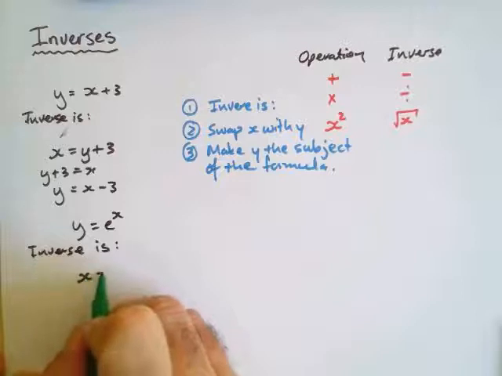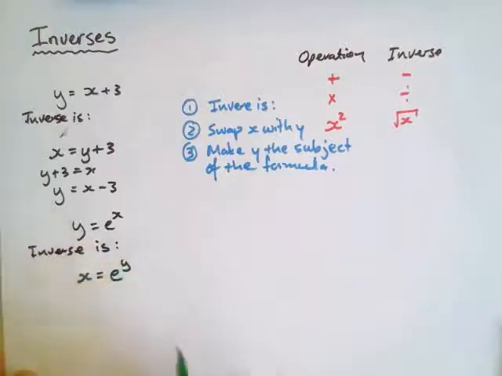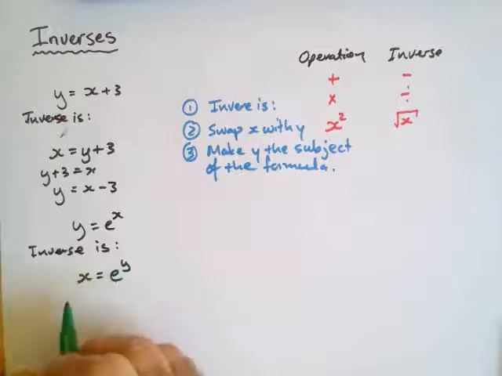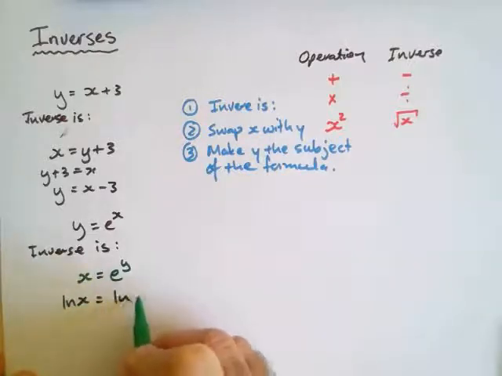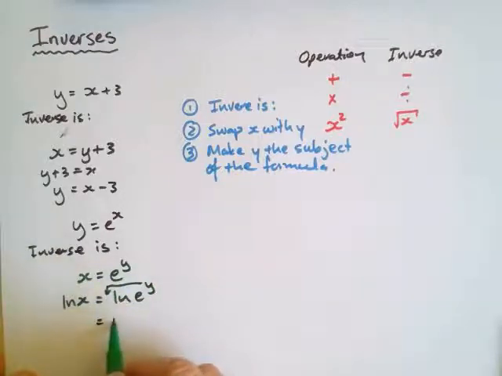So x is going to be e to the power of y. Now if I want to make y the subject of the formula, I will have to get rid of this. So I'm going to take ln on both sides. I'm going to say ln x equals ln e to the power of y. The y is going to go to the front. It's going to come y ln e, which equals ln x.